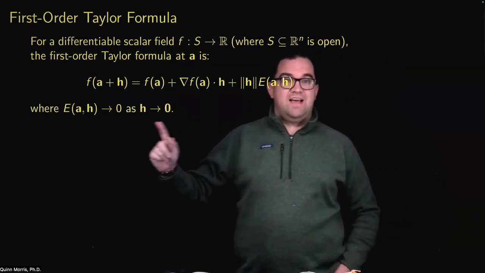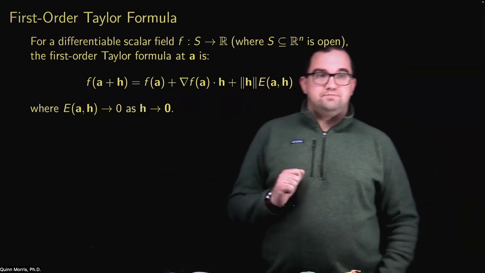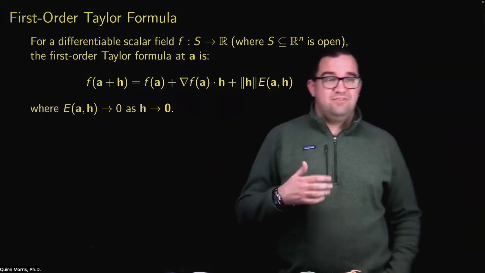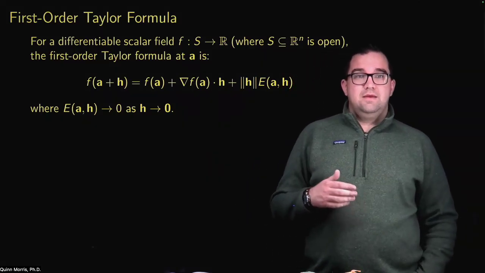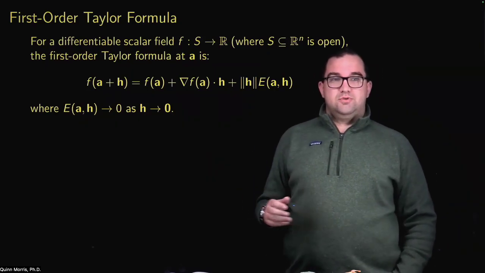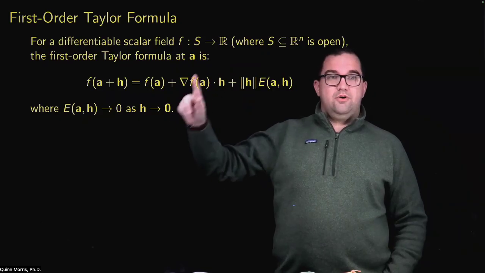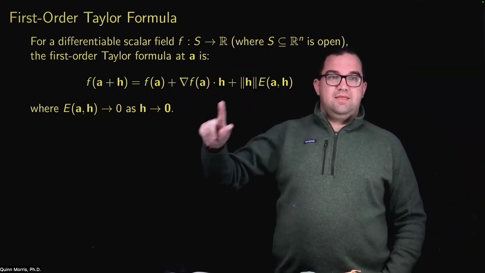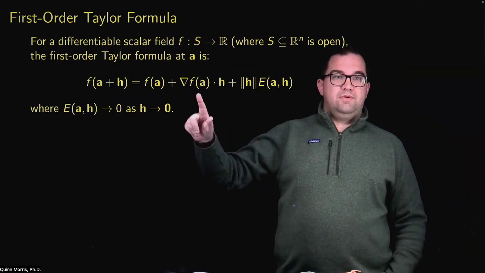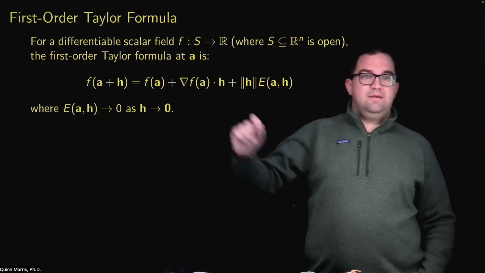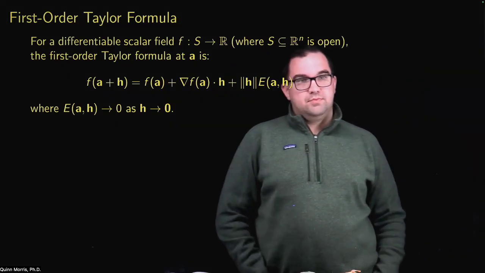But again, this h is now a vector. This just falls out of the definition of differentiability. If your scalar field is differentiable, then there exists a linear operator that goes here. And then we later showed that linear operator could be written in this way: it's the gradient of f at a inner product with h.